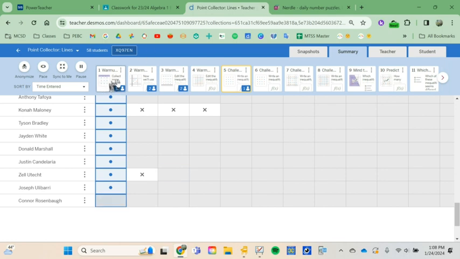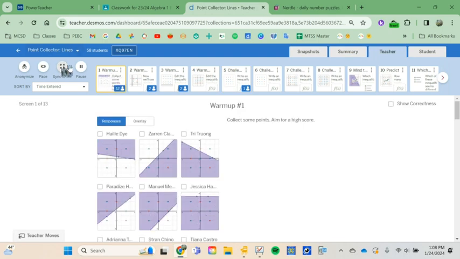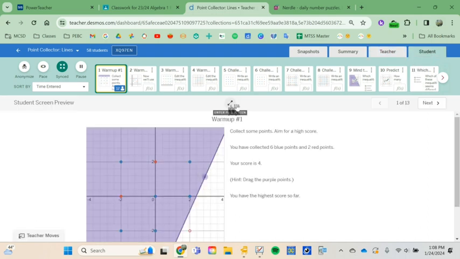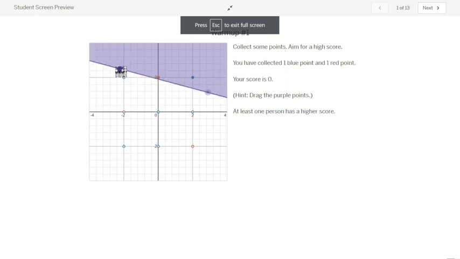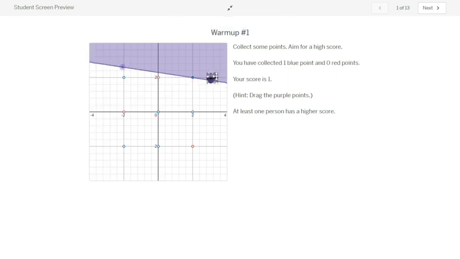So what I want you to do, I'm gonna sync all of you to me for a minute. Okay, so on the first screen it kind of looks like this. You have 0 blue points and 0 red points, so your score is 0 when you start.